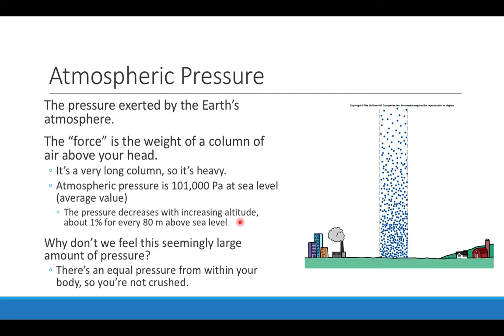It's called climb high, sleep low. So they might go up in altitude quite a lot, but then they come back down in altitude in order for their bodies to acclimatize to that decrease in pressure. So let's think about what's happening. If you go up into the mountains and you go up very quickly, the pressure outside of your body is less, right?